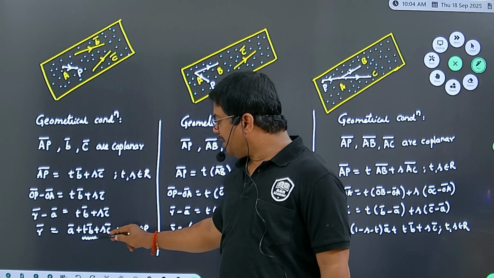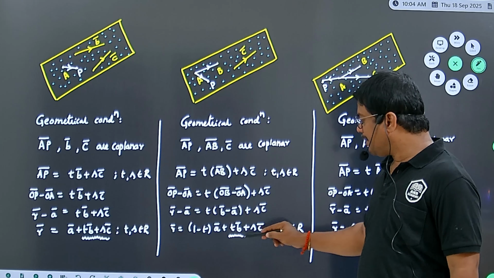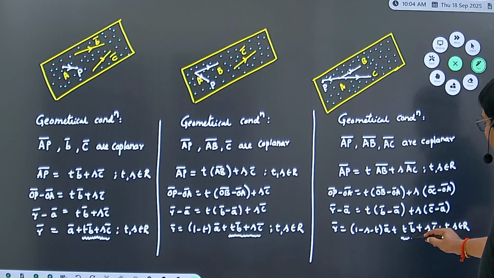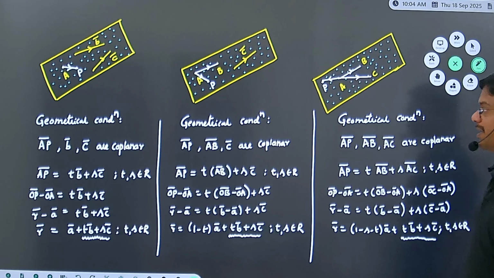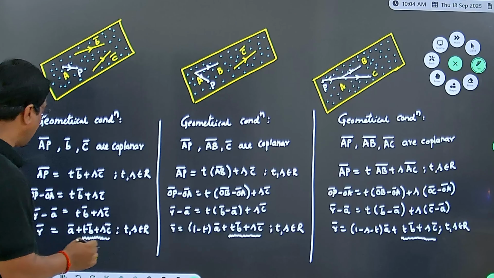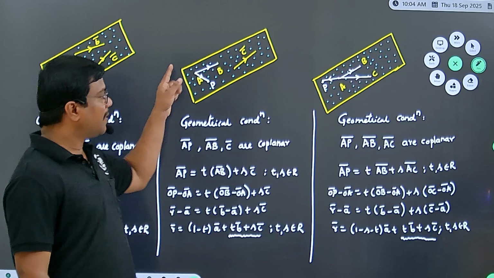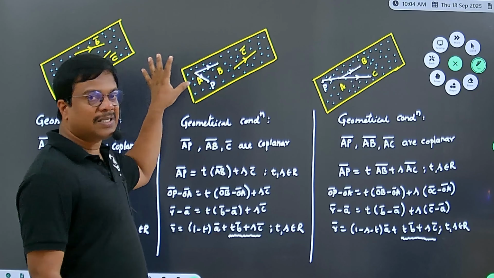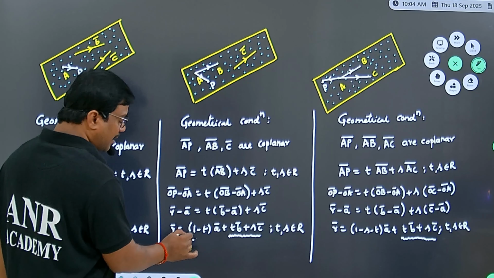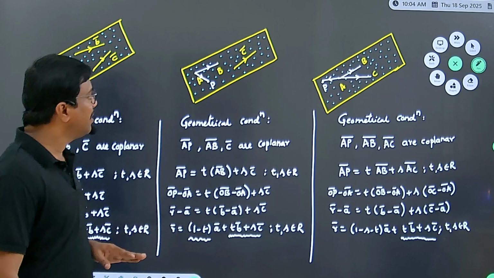You can easily remember that t multiple B, s multiple C vector, and here t multiple B, s multiple C vectors. Next, t multiplied by B vector, s multiplied by C vector. When the plane is passing through one point, then you have to write only one multiple, one A bar. If the given plane passes through two different points, then remember that here the A vector multiple is 1 minus t.